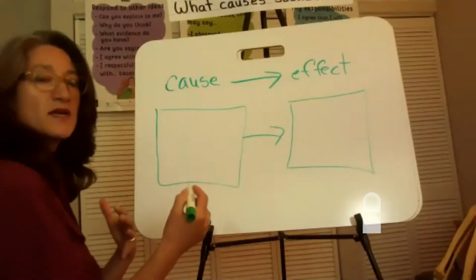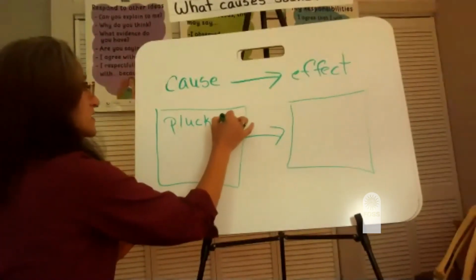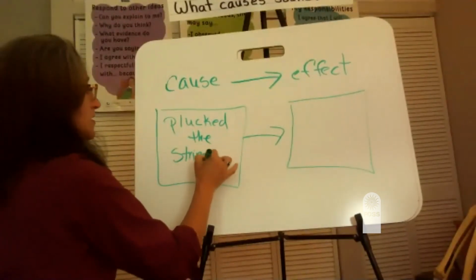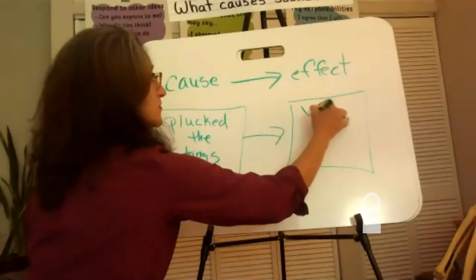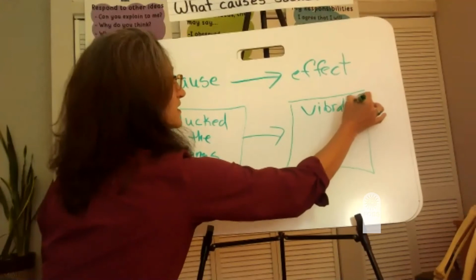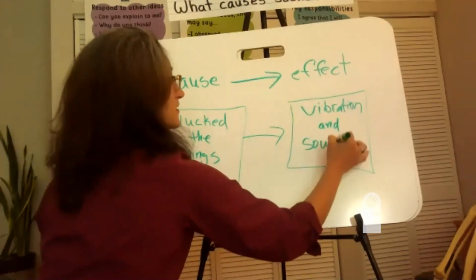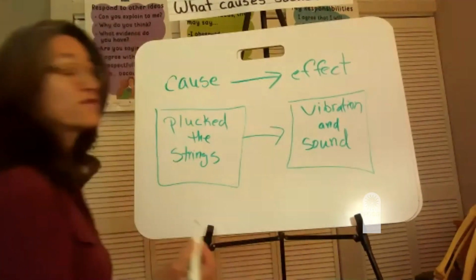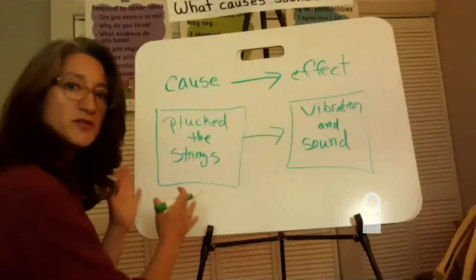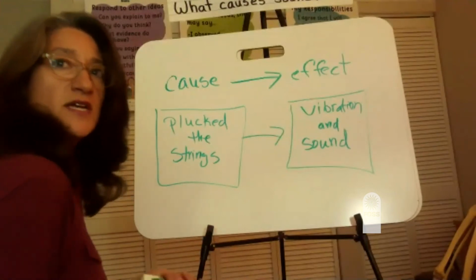So when we plucked the strings, that was our action. The effect was we observed a vibration. And if we could, we heard a sound, and we might have felt that vibration. So we're introducing a cross-cutting concept, using this to help students make sense of this idea.